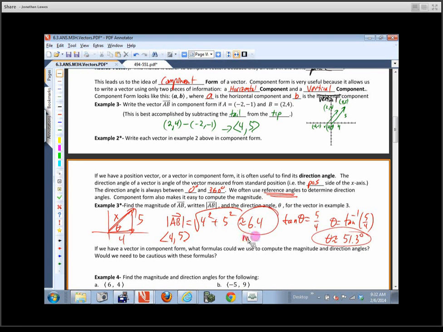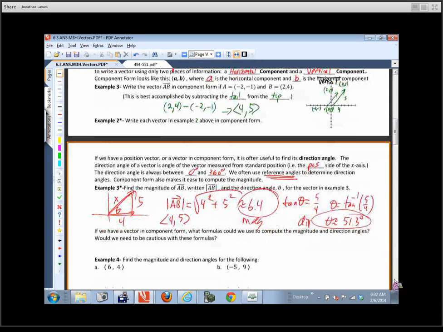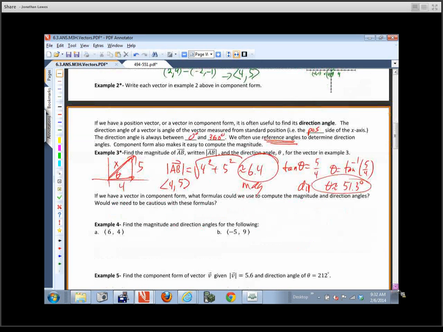So magnitude here and direction here. Okay? Now, if we can do that for that problem, then we should be able to do that for any vector AB. So if the horizontal component is A and the vertical component is B, how do I find the magnitude of vector AB?